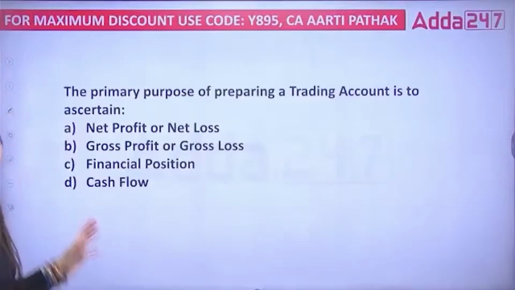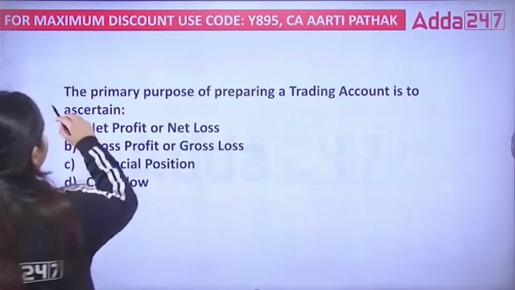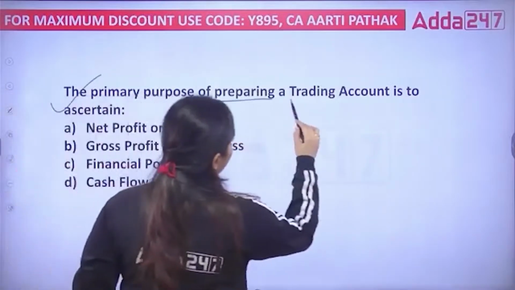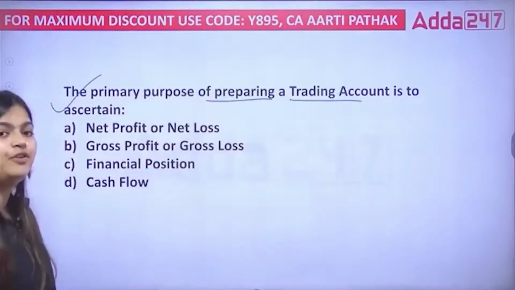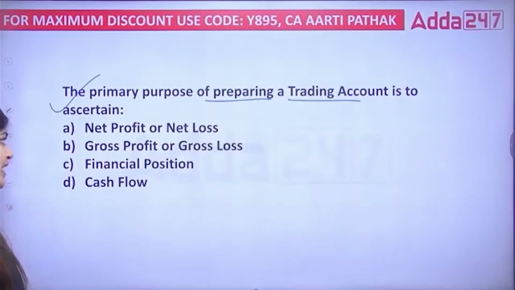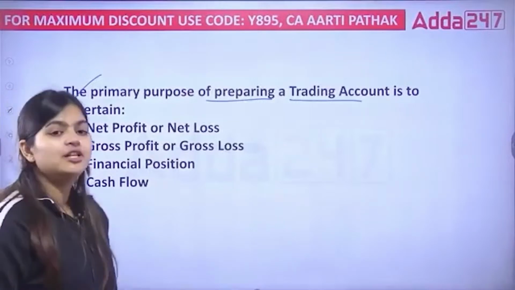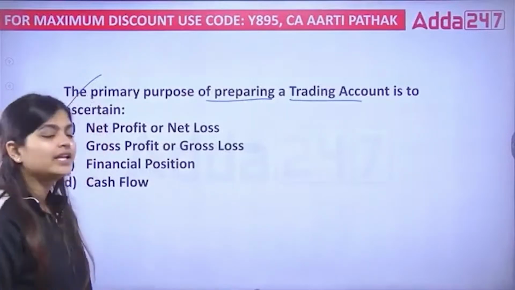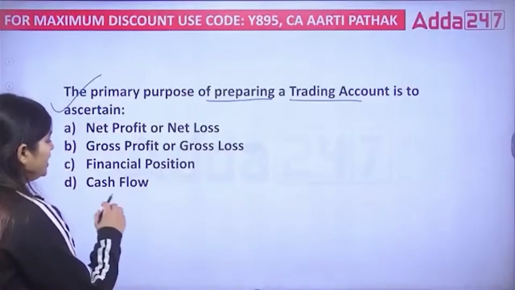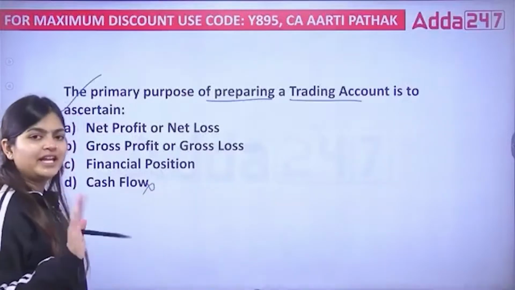Let's solve a few questions based on this. The primary purpose of preparing a trading account is to ascertain what? A. Net profit or net loss. B. Gross profit or gross loss. C. Financial position. Or D. Cash flow. So we are not identifying any cash flow here.